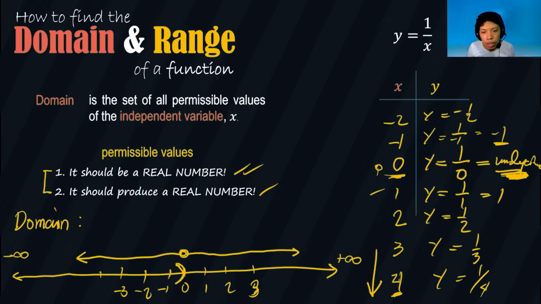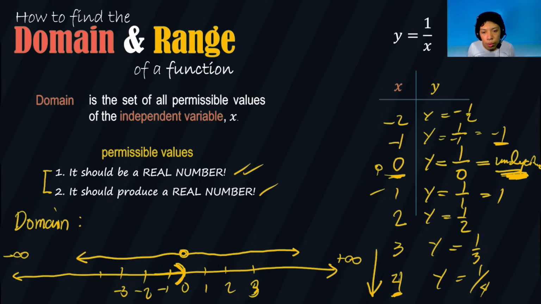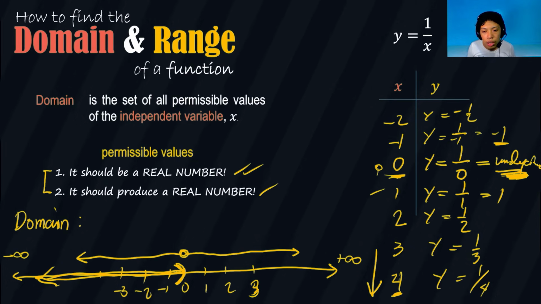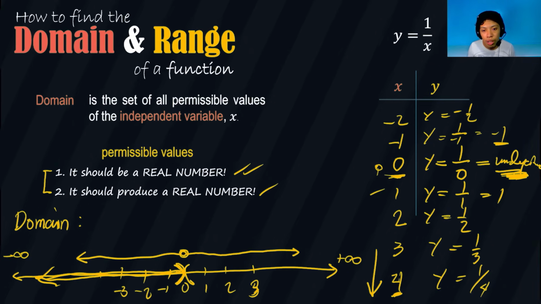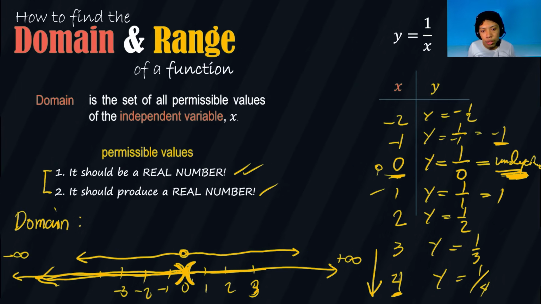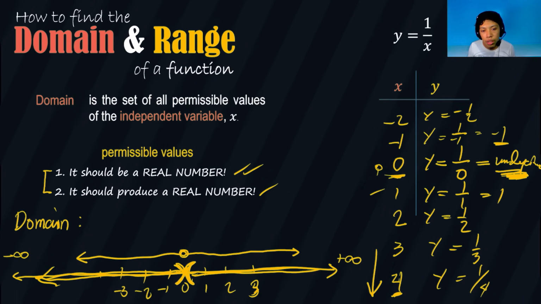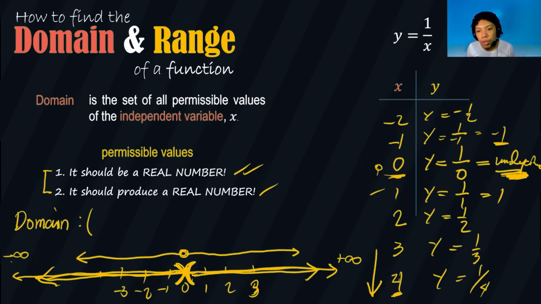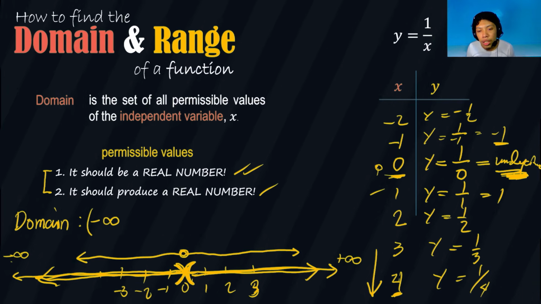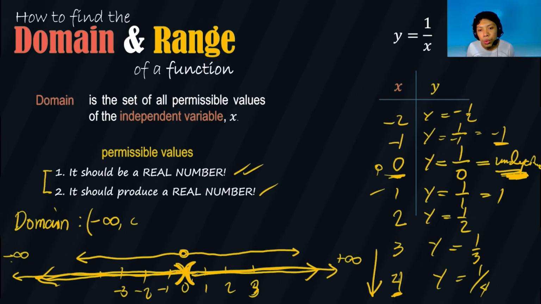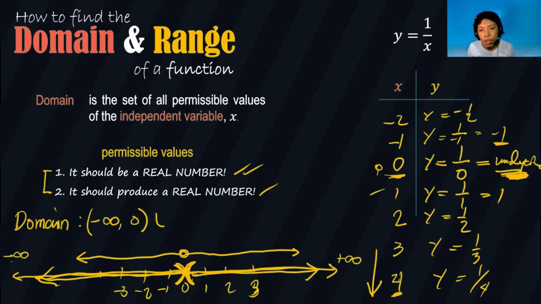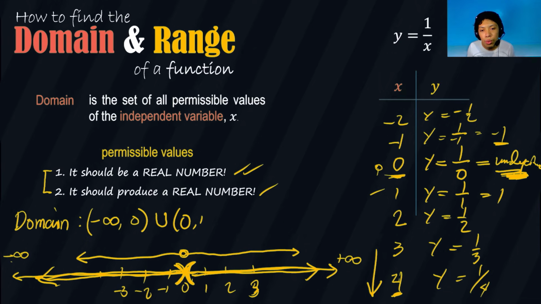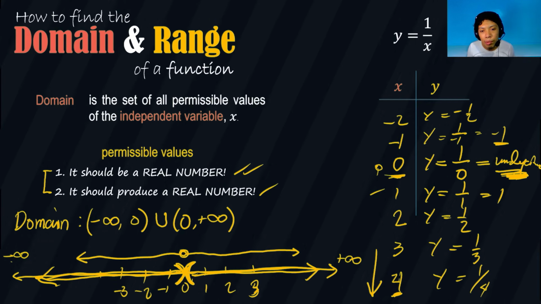From 0 until to the positive infinity is a permissible value, and from negative infinity to 0 is also a permissible value. So how do we write that? From negative infinity to 0 union with 0 to positive infinity.